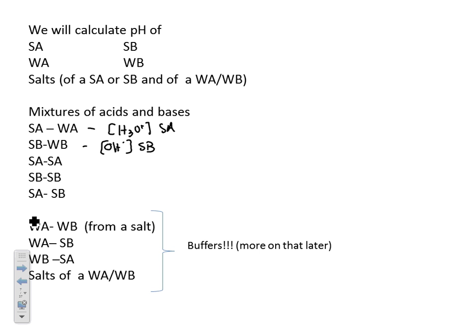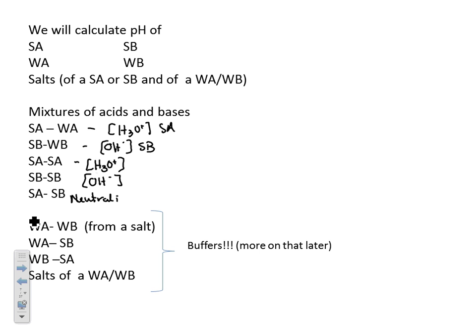With strong acid and strong acid, those hydronium concentrations, or hydronium moles actually, will be additive. So we add the moles together and divide by the total volume. Same thing with the base. The hydroxide moles are additive, and then we add our moles together and divide by the total volume to get the concentration. And then a strong acid and a strong base, that's neutralization.